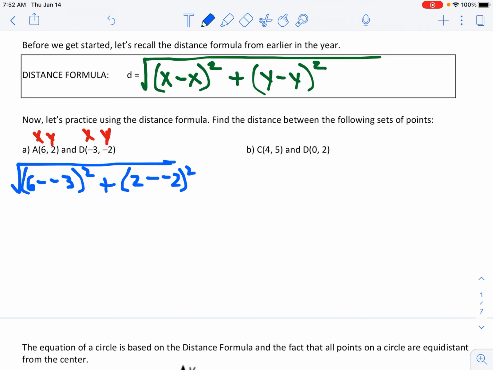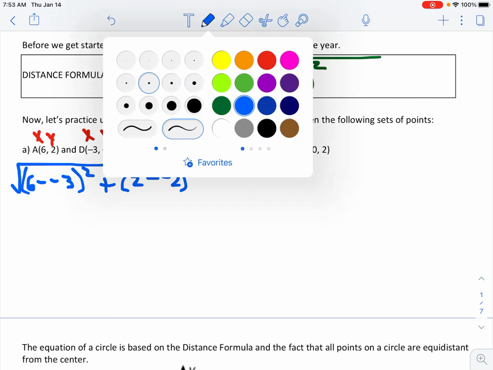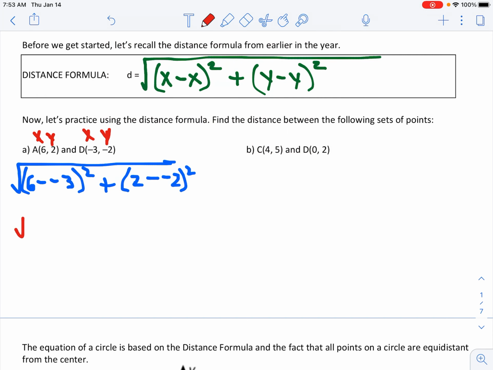You'll notice we have a couple minuses, so let's clean those up. 6 minus a minus 3 changes to a plus, so 6 plus 3 tells me 9 squared, plus 2 minus a minus 2 becomes 2 plus 2, so that turns into 4 squared.